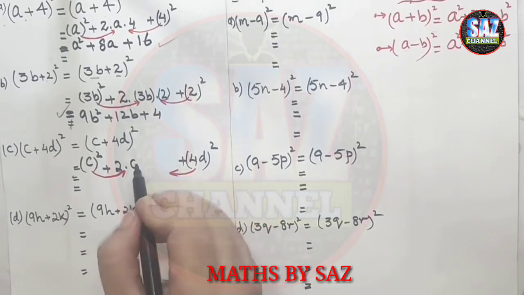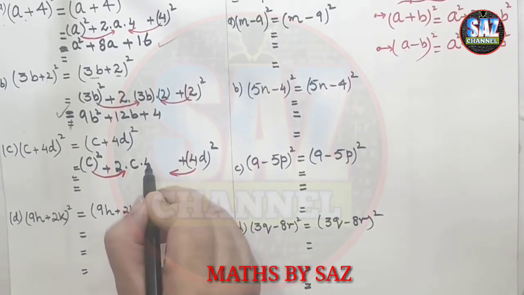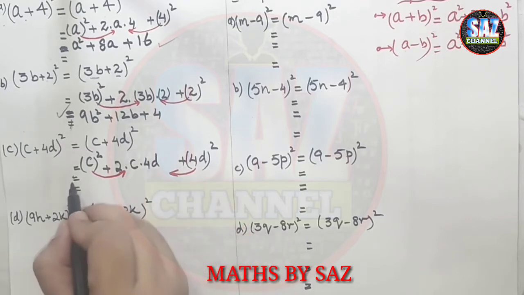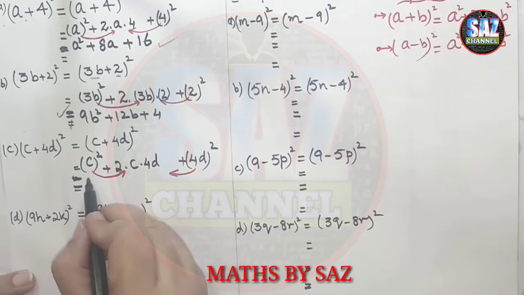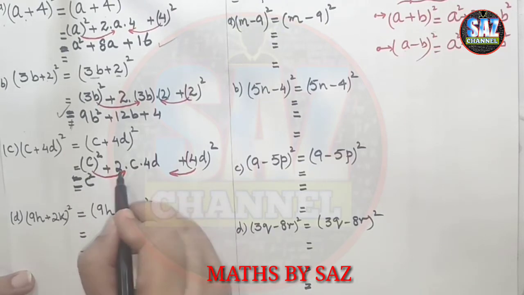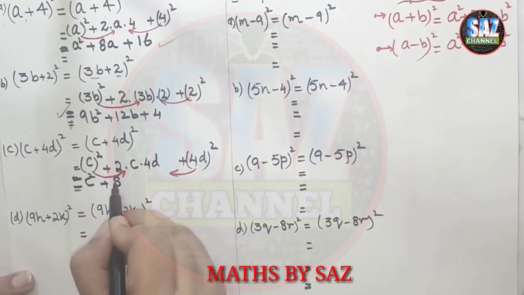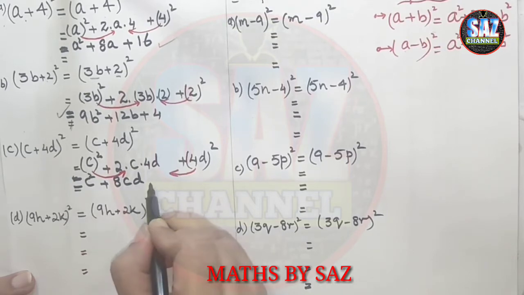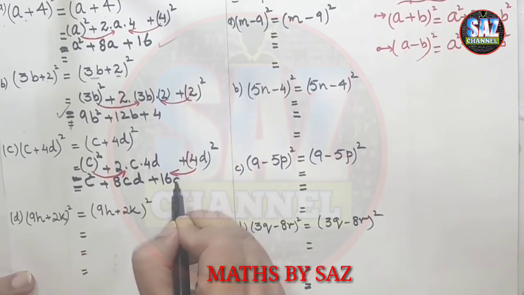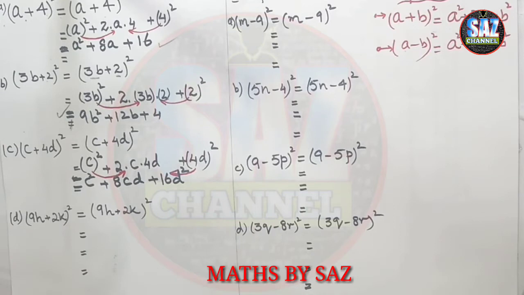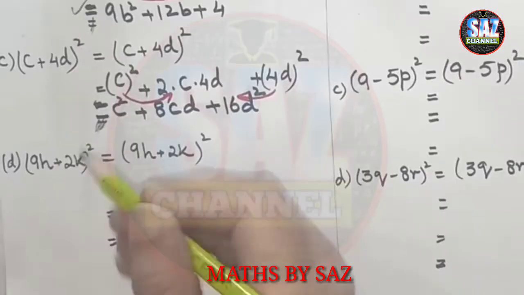So here you should have good command on the squares and tables. Now in the next step, this is c square, 4 twos are 8, 8cd plus 16 d square. I hope you have understood this question. Let's move to the next question.